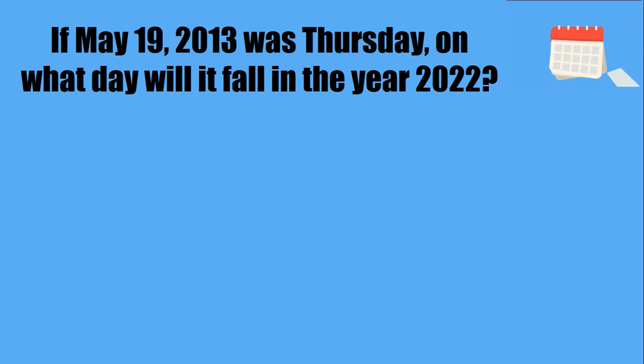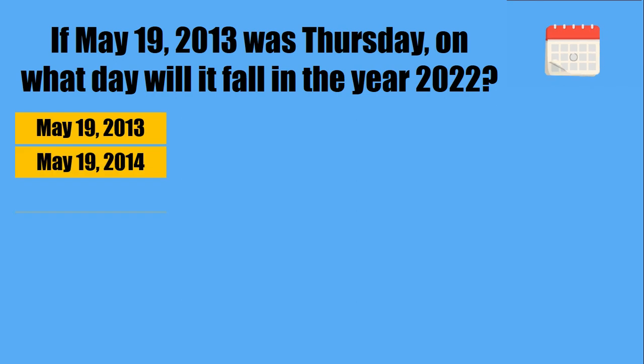Here is an illustration. If May 19, 2013 was Thursday, on what day will it fall in the year 2022? We know that every single day in a year will automatically move 1 day in the following year, right? So if May 19, 2013 is Thursday, then next year, May 19, 2014 is Friday.